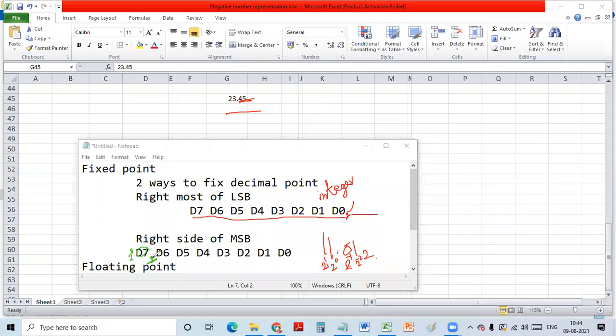Hence we call it floating point notation. Obviously, the range of values we can represent is very large when compared to fixed point notation.